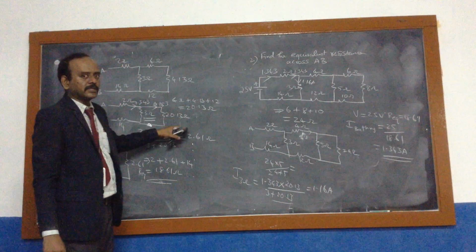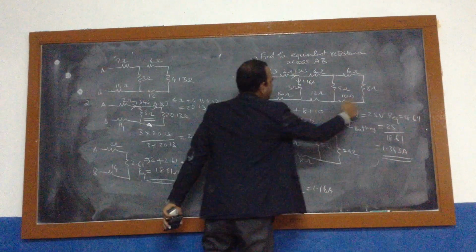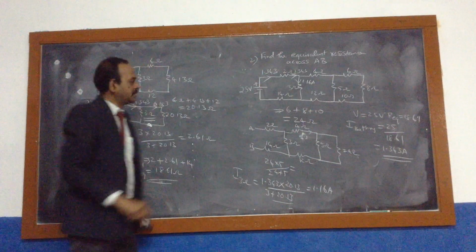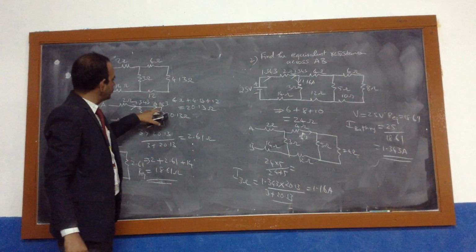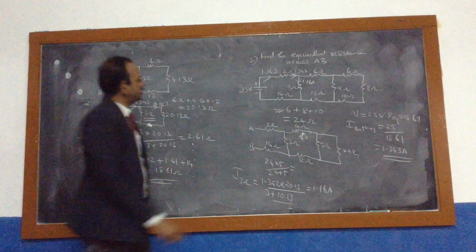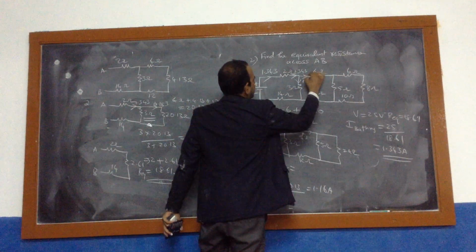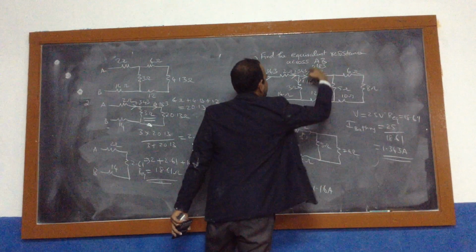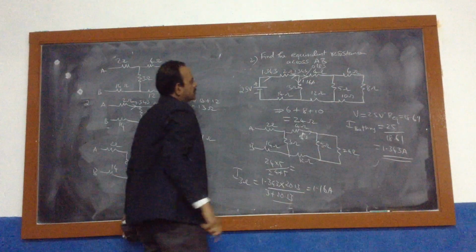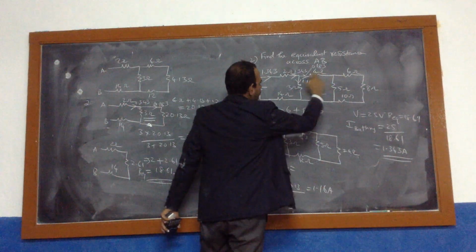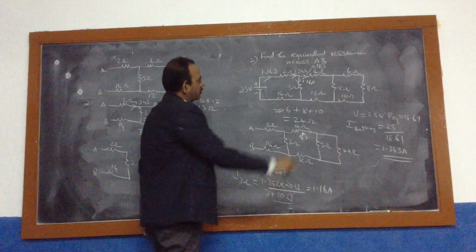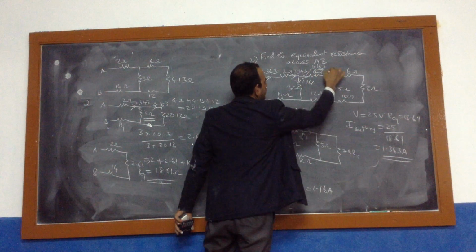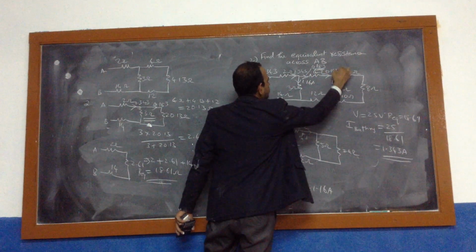There is no 20.13 in the circuit, but the equivalent resistance of that whole part is 20.13. So the 0.183 is entering into 4 ohm. The current flowing through 4 ohm is again 0.183 amps.